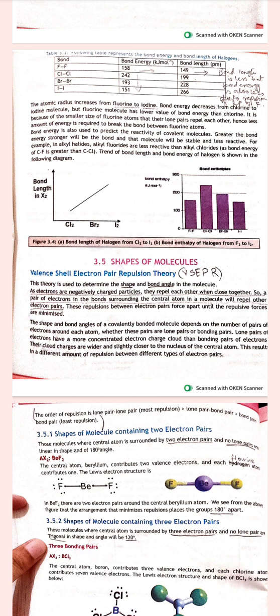So you can see that as the bond energy is decreasing, the bond length is increasing. But we have the exception for fluorine. Its bond length is less, but its bond energy is also less due to the lone pair repulsions.